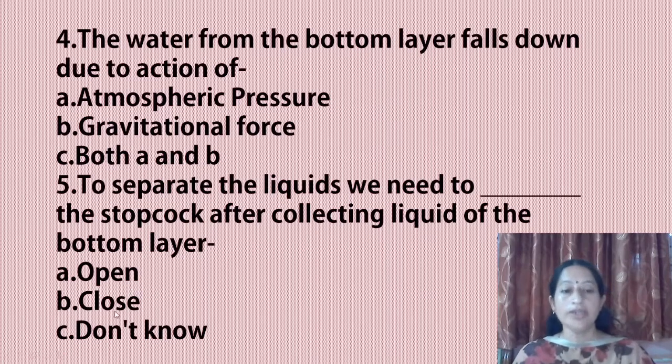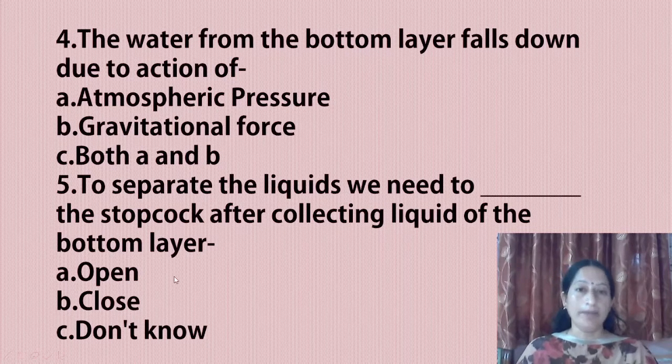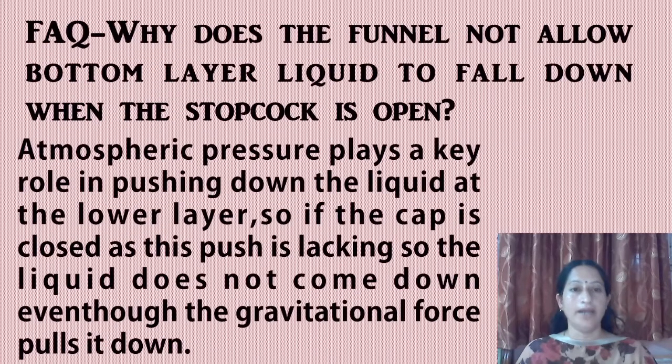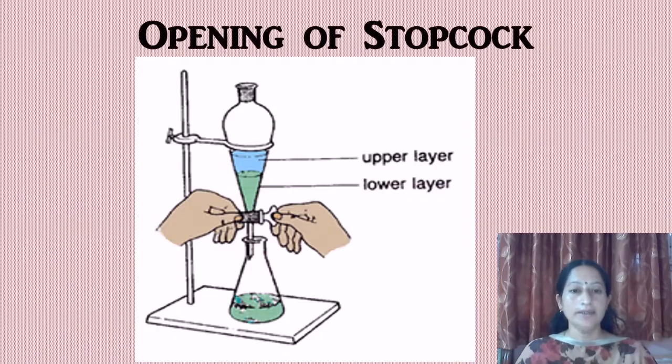We should close it immediately as soon as the bottom layer liquid falls down, otherwise the top layer liquid will also come down. As you have seen here, the stopcock should be opened and the lower layer liquid collected, but as soon as the lower layer liquid is collected and the upper layer liquid has reached the level of the stopcock, the stopcock should be immediately closed.